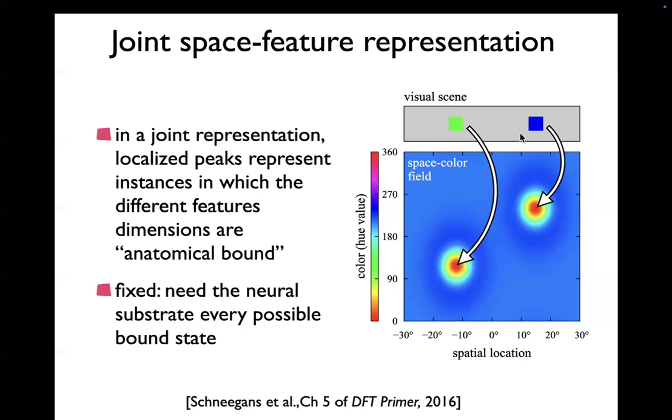And so the notion that these neurons are tuned to both dimensions means that if you give this visual input to the scene, it would directly create these activation patterns where at this location of the green item here, you would have a peak that is localized along the color dimension at green, and along this location in visual space, you would have a peak of activation at the location along the vertical axis here that corresponds to blue. So this blue here corresponds to the location of that peak.